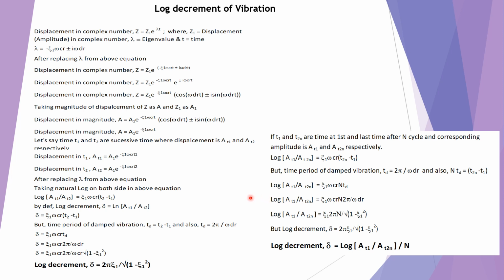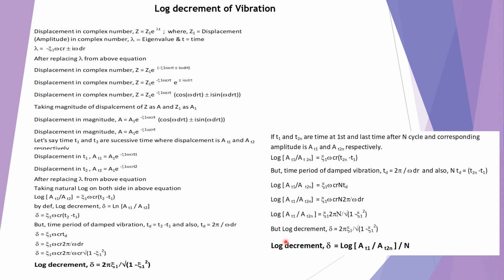So ln A(T1) upon A(T2n) is equal to zeta1 omega_cr into n into Td. Similarly, it is equal to zeta1 omega_cr n into 2 pi upon omega_dr. Again, it is equal to zeta1 2 pi n upon square root of 1 minus zeta1 square.